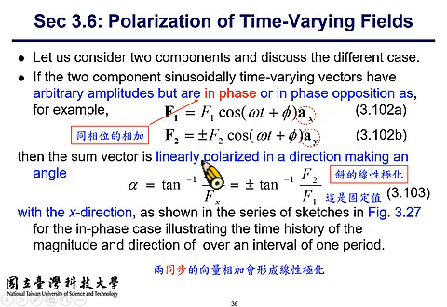It's not aligned with the x direction nor with the y direction, but it's aligned with a slanted path. The angle of the path is referred to as alpha, and alpha can be determined by the arctangent.